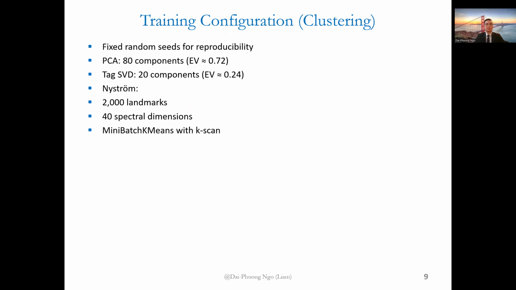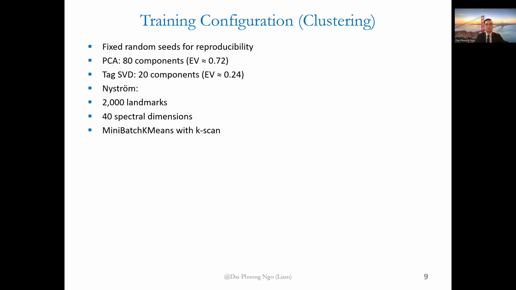Although this is an unsupervised project, I treat training configuration with the same rigor as a supervised model. All experiments use fixed random seeds across NumPy, PCA, SVD, landmark sampling, and clustering to ensure reproducibility. Dimensionality reduction parameters are chosen to preserve a meaningful proportion of variance while keeping the space manageable.